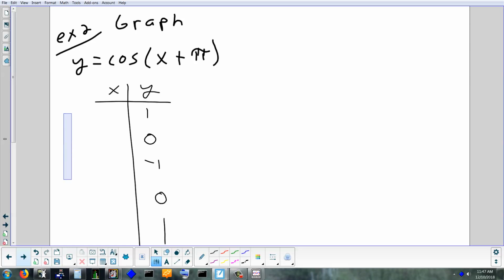What are my original x's? And in this case, it doesn't really matter if you use sine or cosine. They're the same.